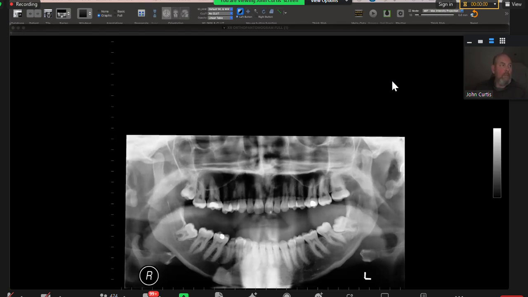The teeth are also aligned normally. The mandible is also articulating normally. There's no TMJ dislocation or anything like that. So what's the investigation? What's the examination? This is an OPG.